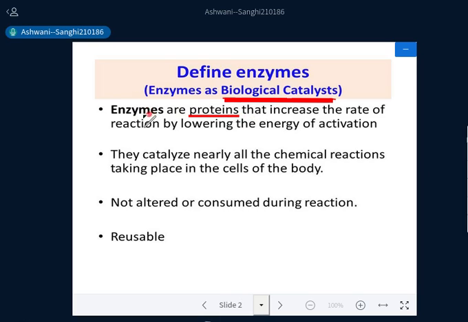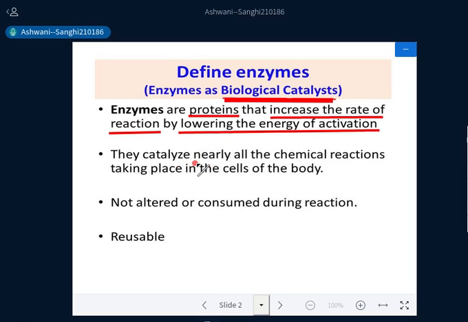These catalysts or enzymes increase the rate of a reaction by lowering the energy of activation, which is the minimum amount of energy required for a reaction to occur. Enzymes lower this activation energy and speed up the rate of reactions.